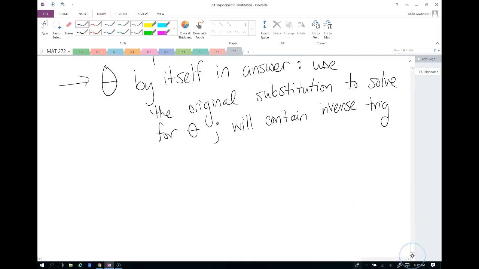The other kind of strange case that we see was when we've got 2 theta as an angle. The triangle we set up does not have an angle of 2 theta labeled. We cannot use our triangle from the beginning of the problem to simplify trig functions that have an angle of 2 theta.